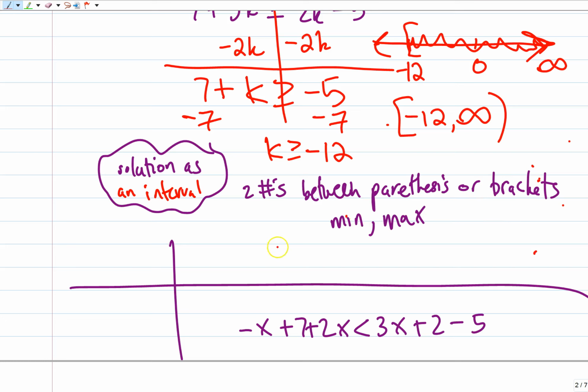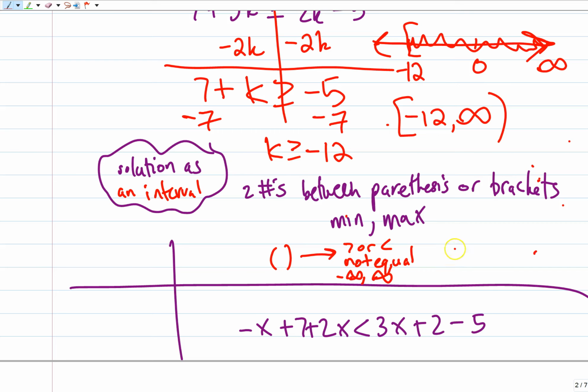When is it parentheses? Basically when there's not an equal to. It's either greater than or less than. Basically, it's not equal. We also use parentheses whenever we have negative infinity or positive infinity, because you cannot equal negative infinity or positive infinity.